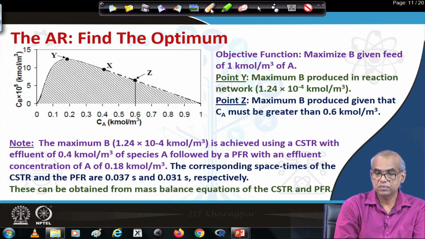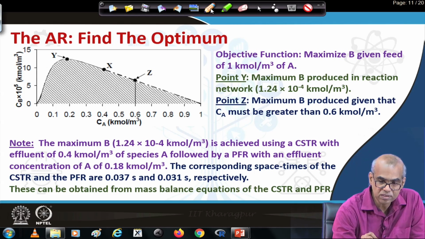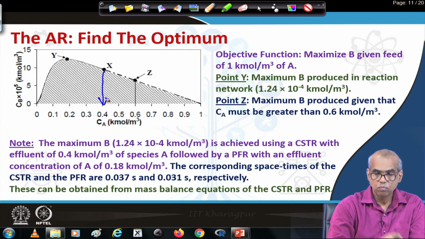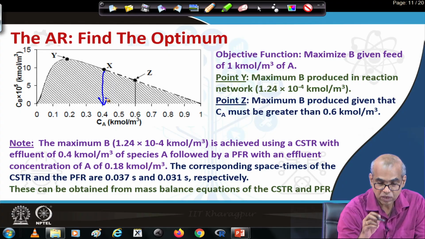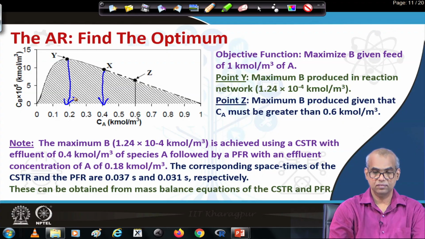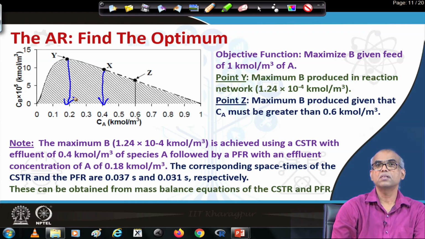This will be achieved using the CSTR effluent at point x, which is 0.4 kilomole per meter cube of species A, followed by a PFR with an effluent concentration of 0.18 kilomole per meter cube of A. Note that Y represents a point on the left hand side of X. So, this can be achieved by a CSTR operating at point X followed by a PFR.